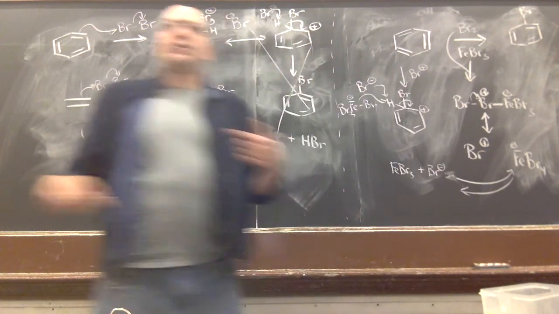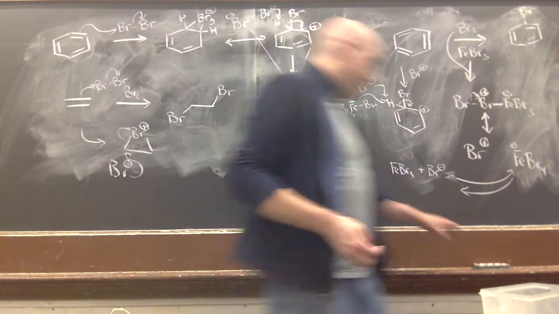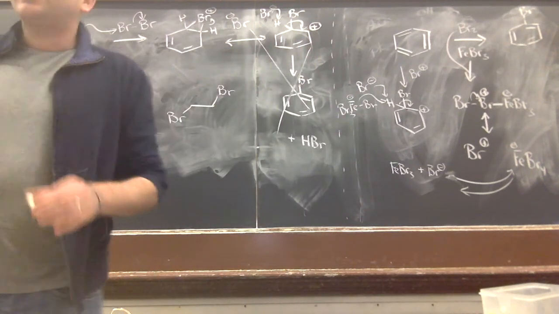I would probably just sort of think about it that way. Just imagine that the FeBr4- is negatively charged and it produces dissociation. At least that way, you're not having to draw electrons moving from a bond, which I recognize is not something that we like to do that much. So I would go ahead and do it from the bromine. Okay. Does that make sense?